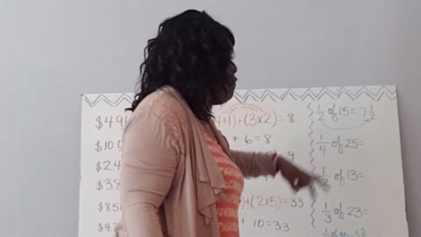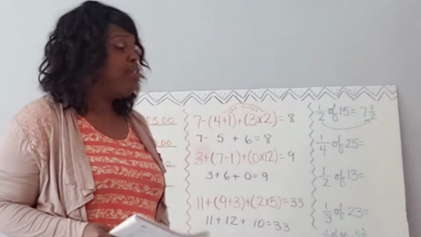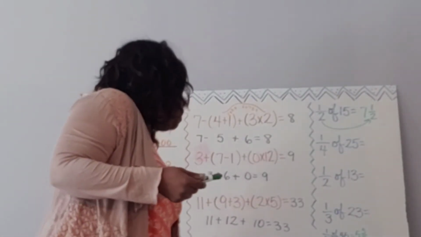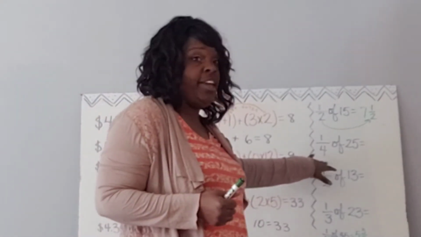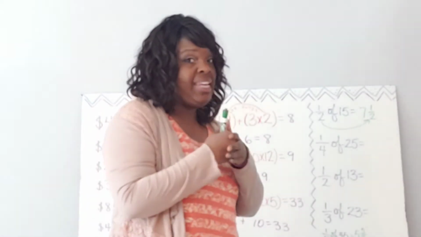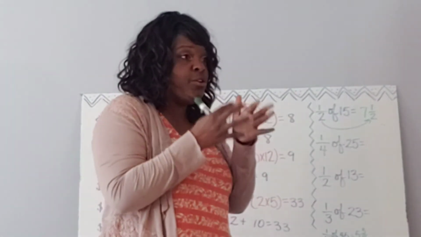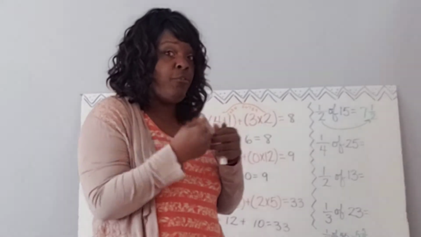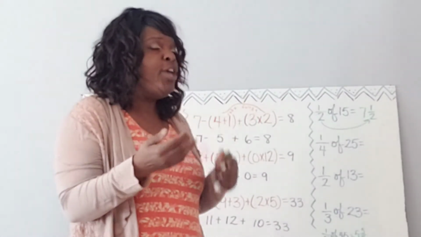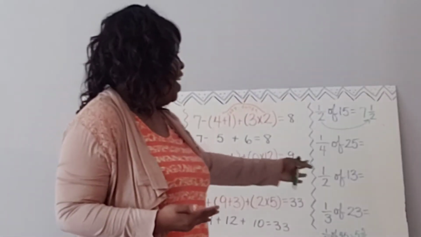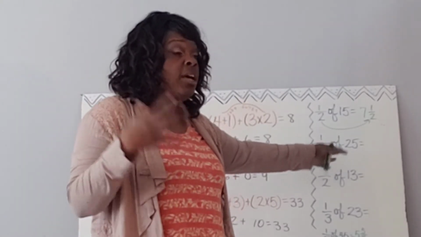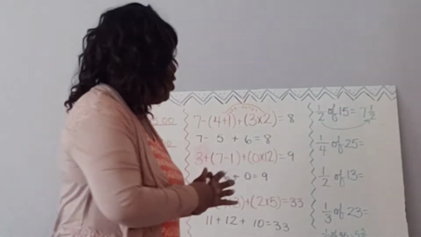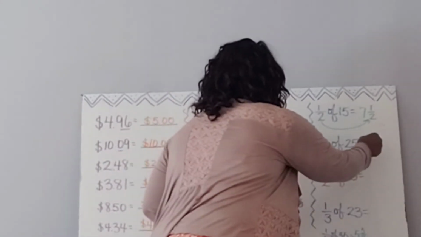But 1/4 of 25. So again, we are dividing 25 divided by 4. Well, we don't get an even number because there's no 25 in our 4 multiplication or division table. So we get as close to 25 as we can get, which would be with 6, very good, because 6 times 4 equals 24.